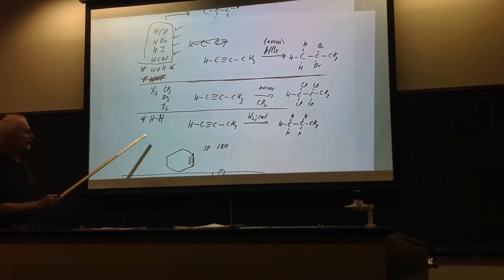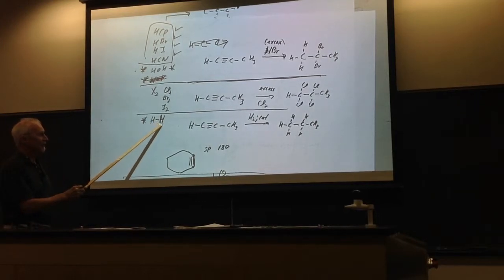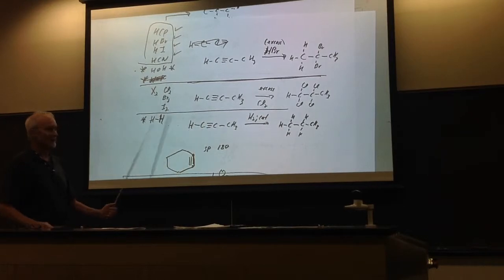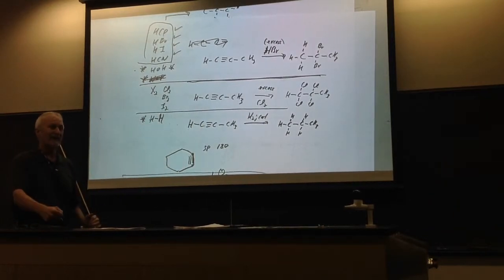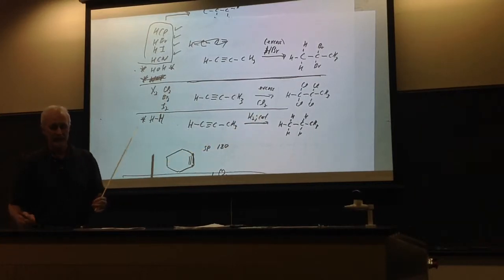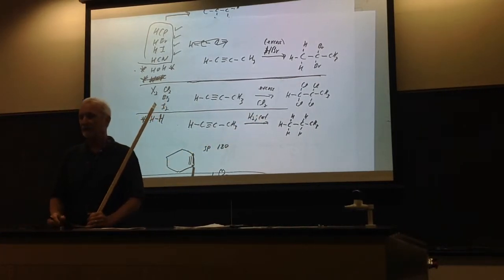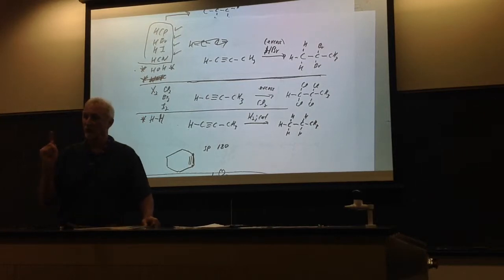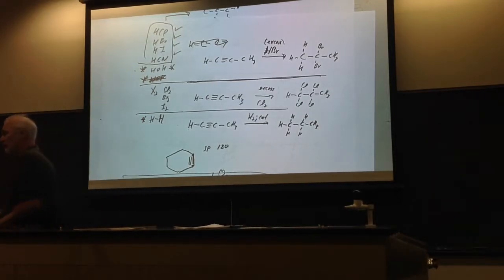Okay. Can you add just 1 mole of this? And the answer is yes. If you add a catalyst, the first mole adds slowly, the second mole adds fast. You can't stop that second step. But you can poison the catalyst. You can add materials called poisons that slow down the catalytic behavior. It doesn't make it as effective a catalyst. You can stop at the stage where you just add 1 mole of hydrogen across a triple bond.